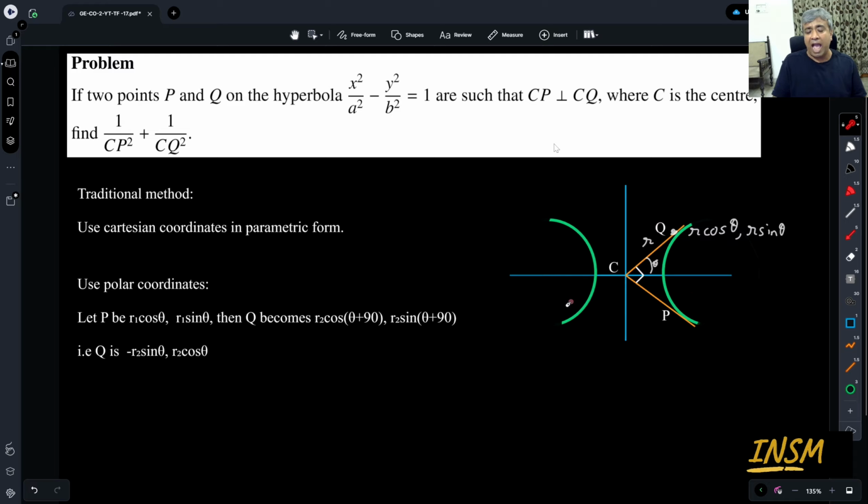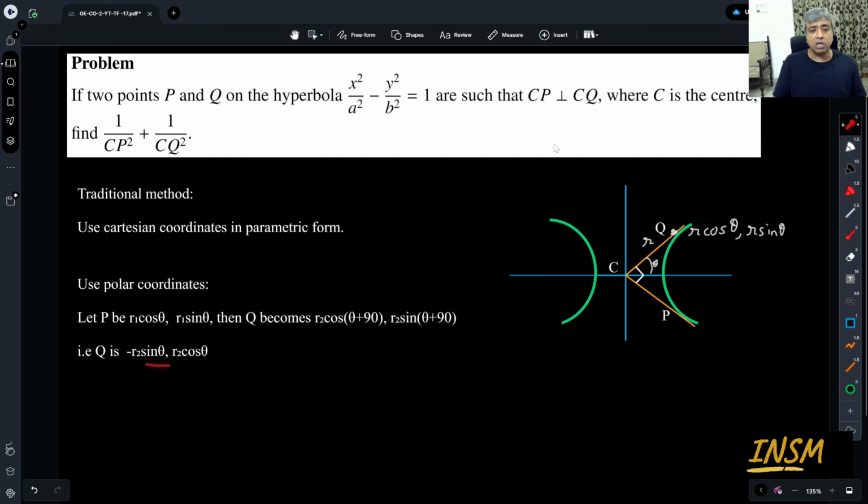And obviously, its distance from origin would be different. So Q becomes R2, some other distance, into cos of theta plus 90 and sin of theta plus 90, because we are getting Q by rotating P by 90 degrees and changing its magnitude, or distance from origin.